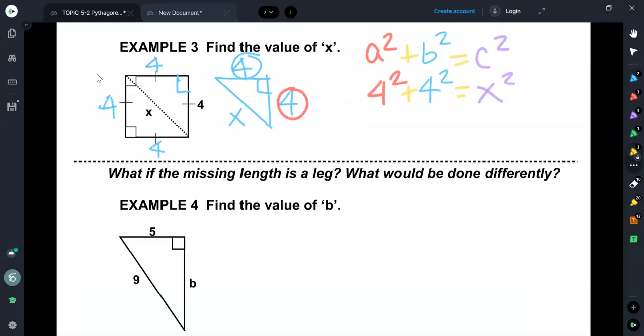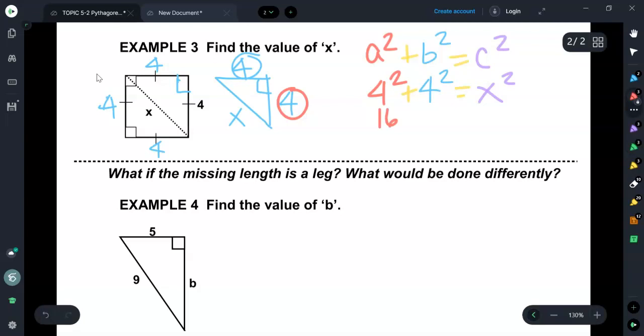All right. So 4 squared plus 4 squared gives you 16 plus 16. And again, calculators are wonderful things. I'm going to work this out by hand so that you get used to seeing the math because you need it. And so you get 32 equals x squared.